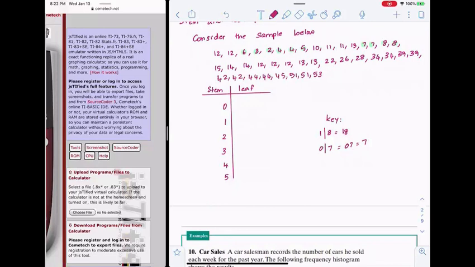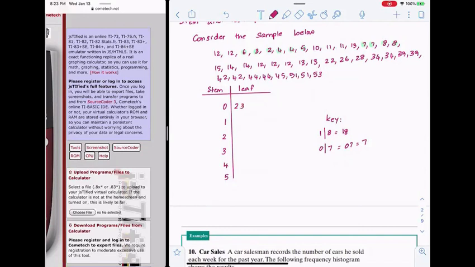So the key tells us 0 vertical dash 7 would mean the number is 7. So I see a 3, so 0 vertical dash, 3. So there is a 3 in the data. Oh, but wait, there is a 2. So let's start with the 2. Then there is a 3 in the data. So 0 vertical dash 3.